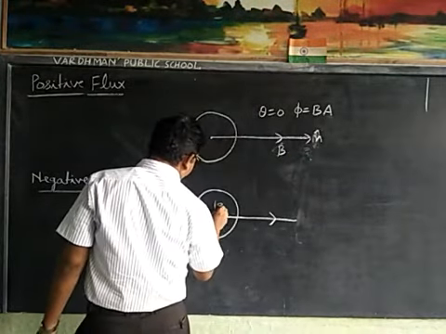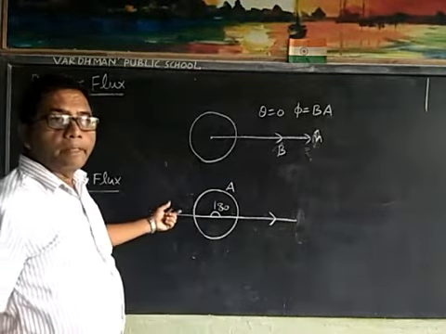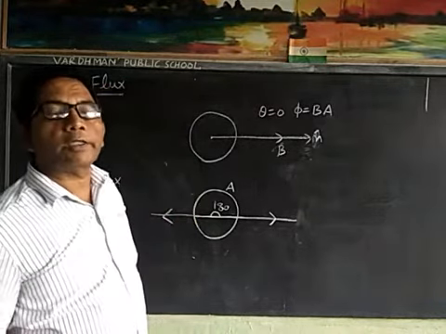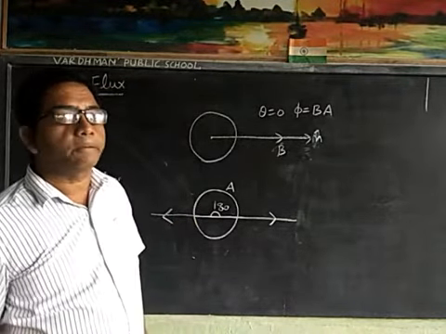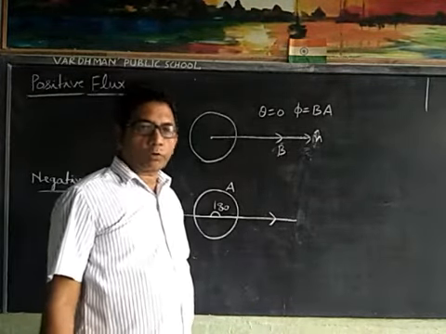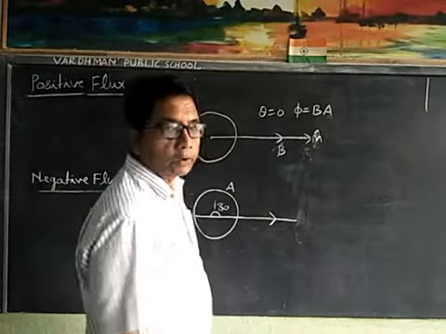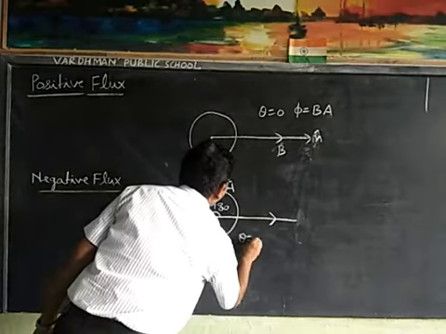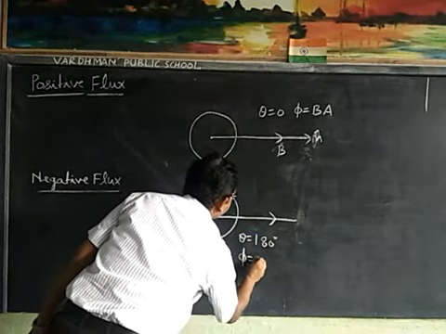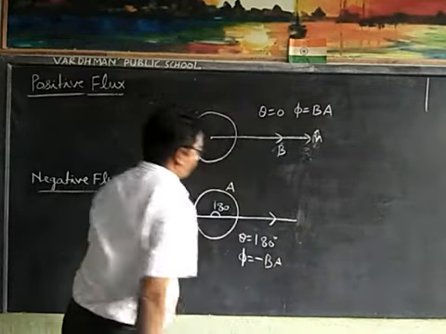This is area A. If the normal points out in the opposite direction of the field, then theta is equal to 180 degree and flux is negative. Theta is equal to 180 degree and phi is equal to minus BA.